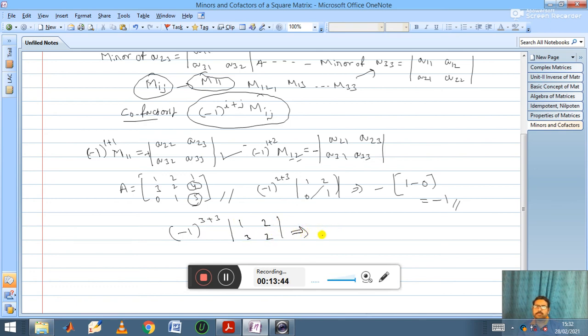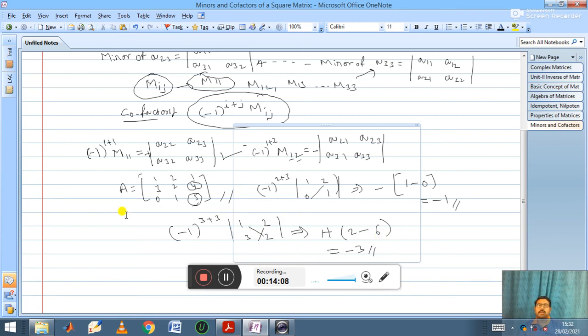This implies minus 1 power 6 gives plus, and here 2 into 1 is 2, minus 3 into 2 gives minus 6. This means minus 4... that is, minus 3 into 2 gives minus 6, so the cofactor of the element 5 is minus 4.